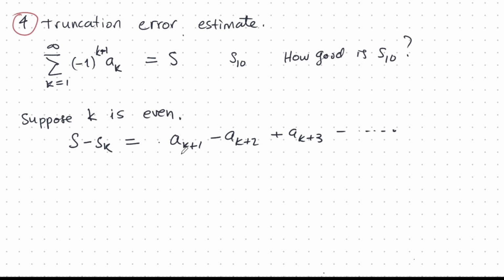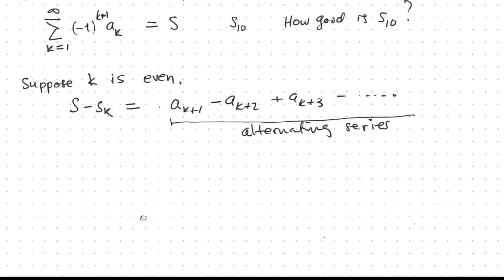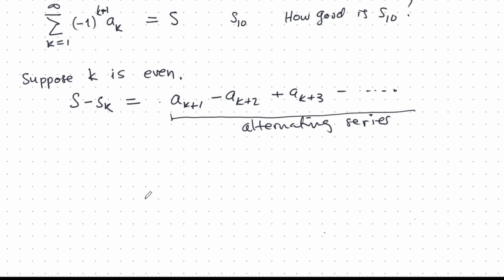So the first thing to notice is that this is an alternating series. So it has a sum and a limit because the a_k here have the same properties that ensure the limit exists.